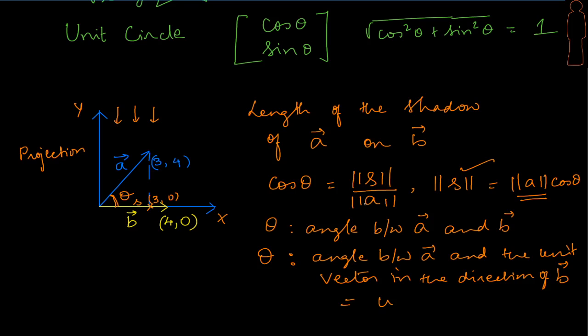That is why this has a definition in vector algebra: this part, magnitude of A times cos theta, has been defined as A dot U. A vector is given to us, and U is the unit vector in the direction of B vector. This is a definition, and this is called a dot product.